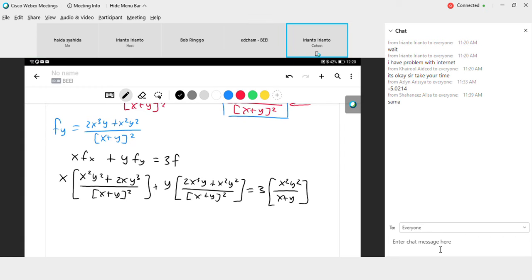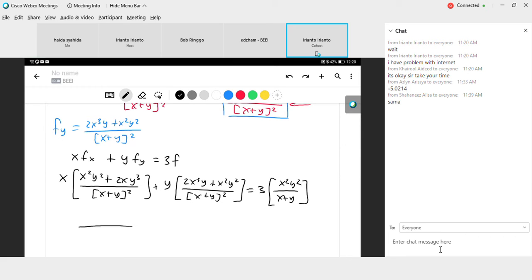You just simplify this and check whether the left side equals the right side. If I simplify the left side, both denominators are x plus y squared, the same denominator.